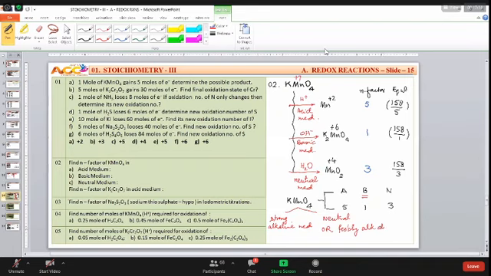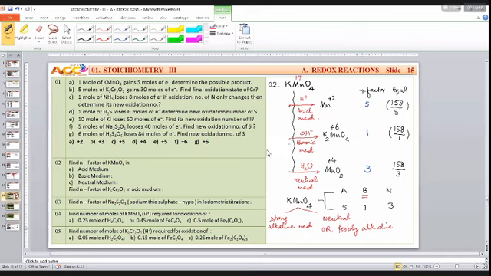Please write down all of this. Ghafoor, tell me which point you have not understood, then I'll explain. Check the change in oxidation state and go ahead.